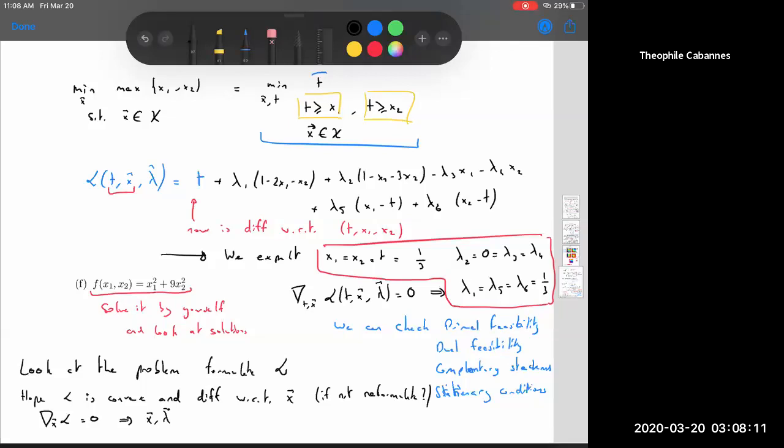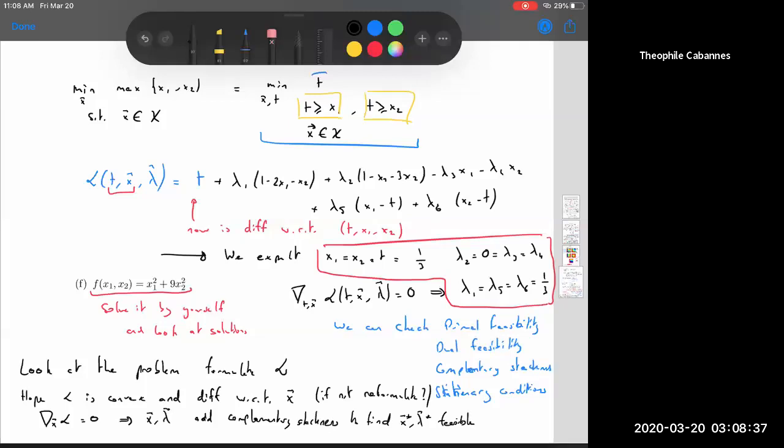And then you add the complementary slackness to find feasible x star and lambda star.